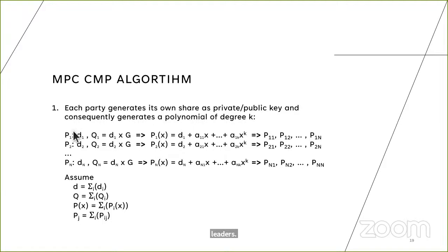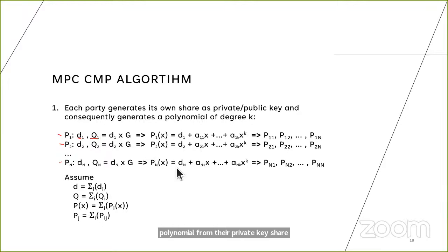And here is some mathematics. I think it is a little bit complex, but I'm going to recap very quickly. So we have n parties. Each party generates a private key and consequently the public key. And then each of them generates a polynomial from their private key share.